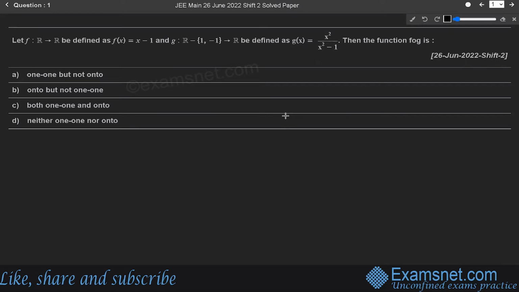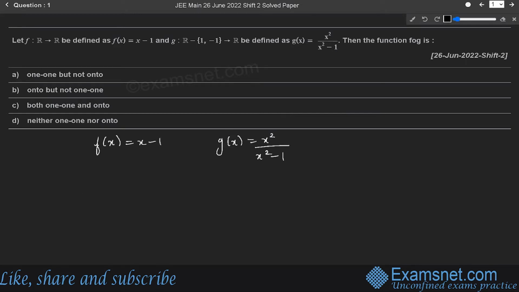Let's start this session. The question is: let f: R → R be defined as f(x) = x − 1 and g: R − {1, −1} → R be defined as g(x) = x²/(x² − 1). Then the function f∘g is... So we have to find f of g.